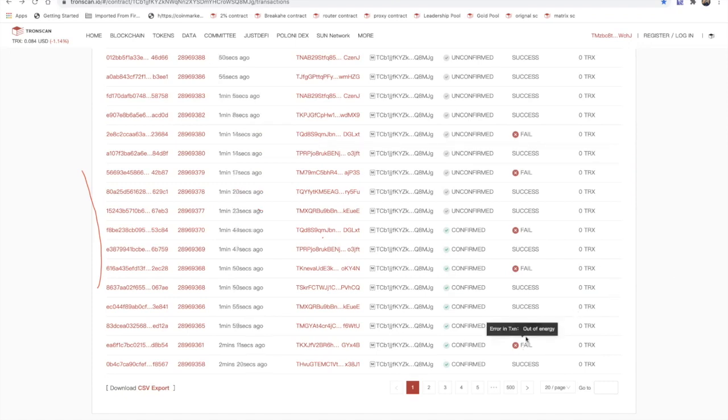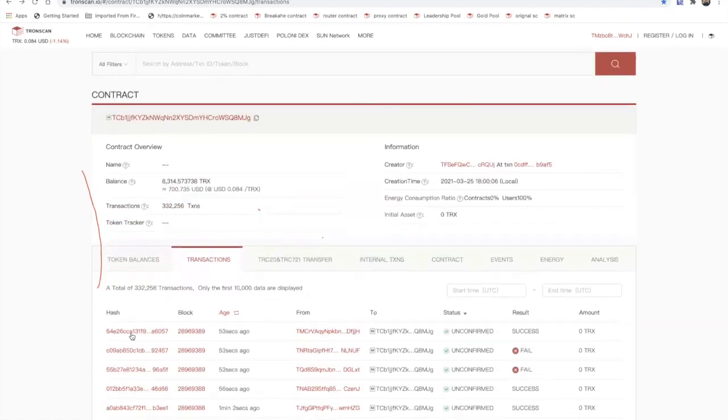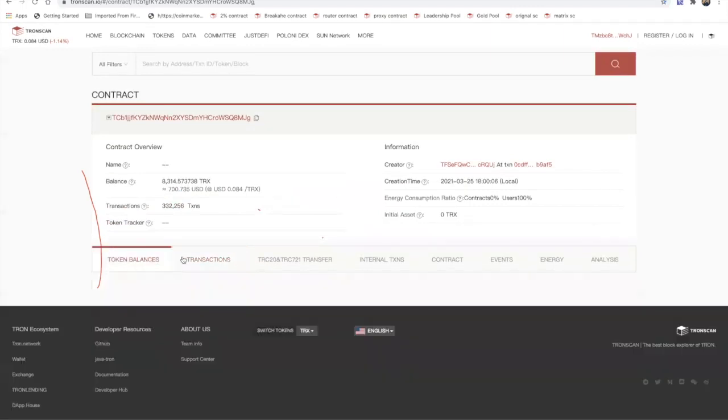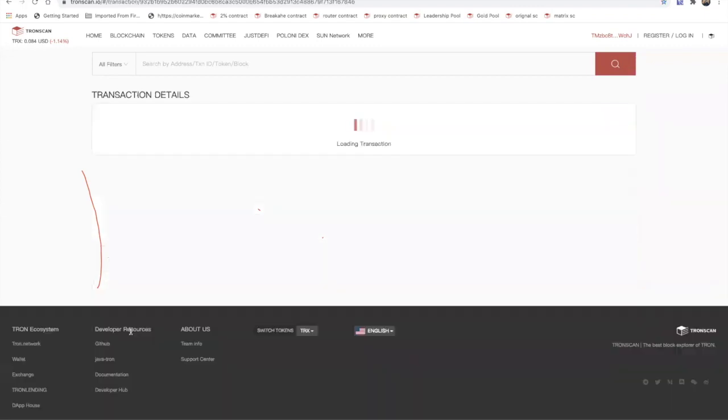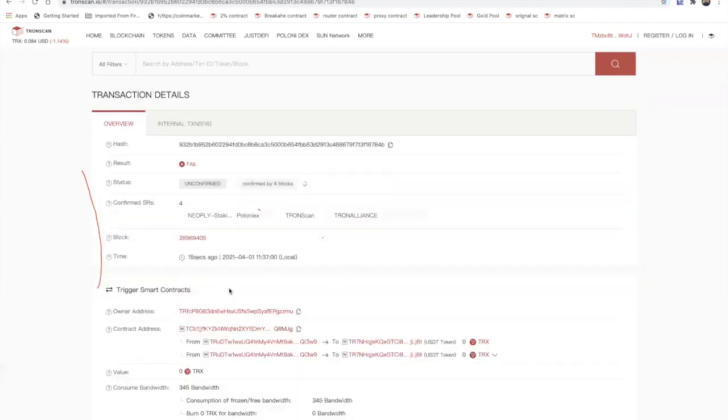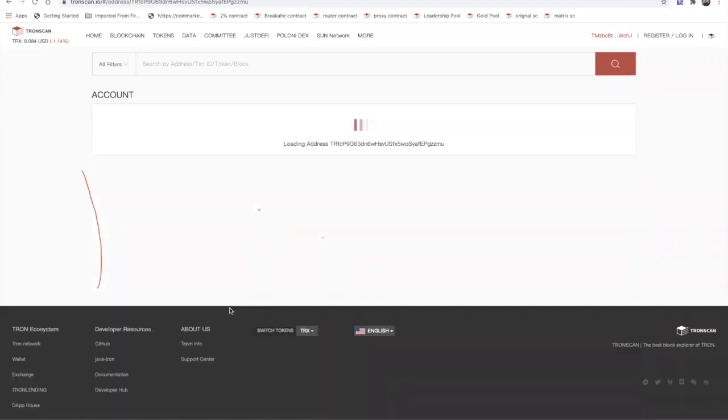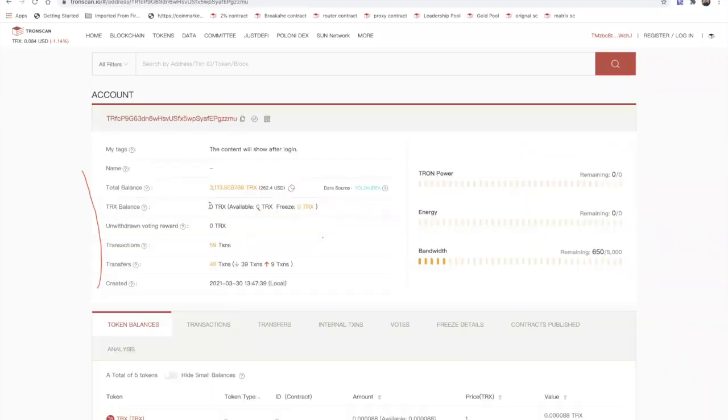But you can see here, for example, all of these fails, none of them are a result of that. Let's go to the most recent fail. We'll click on this member's wallet, and you will see 0 Tron available.